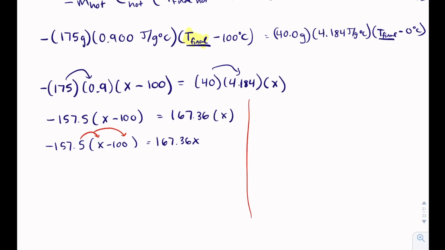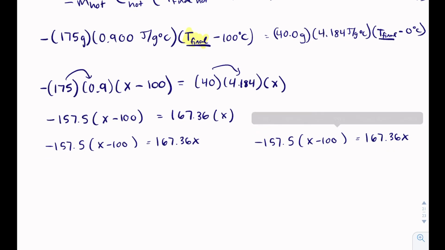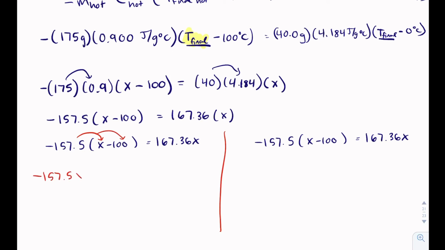So let me actually just copy this before we get ahead of ourselves. So there's two ways to do this. Both ways are just as good. So we will distribute this. We get negative 157.5x plus 15750 equals 167.36x.